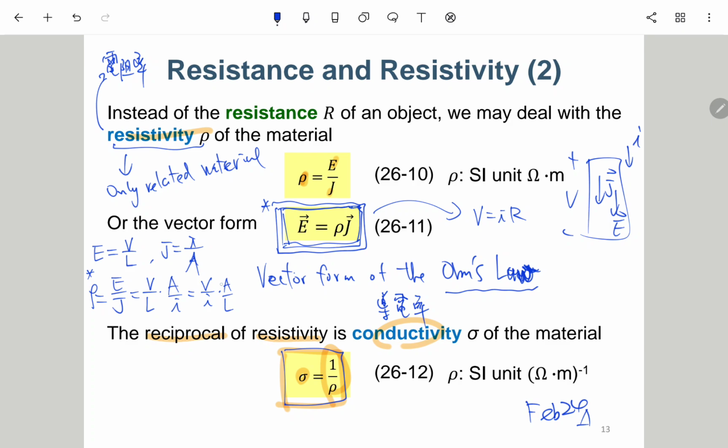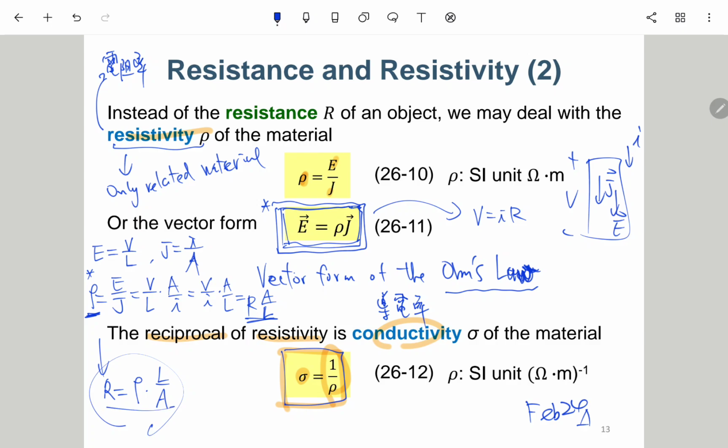It turns out that V over I is actually R, and then times A over L. When you look at the very left side and the very right side, we can slightly rearrange and get R equals rho times L over A. Or if you use this one, you can derive V equals IR, or if you use V equals IR here, you can get this one.